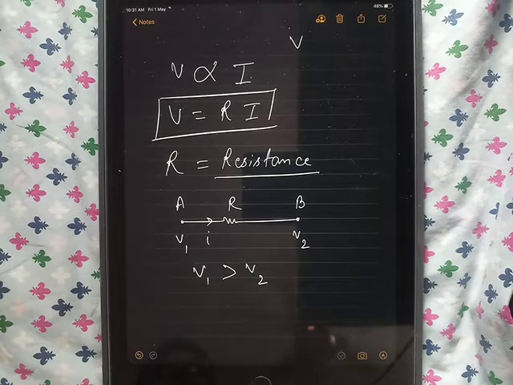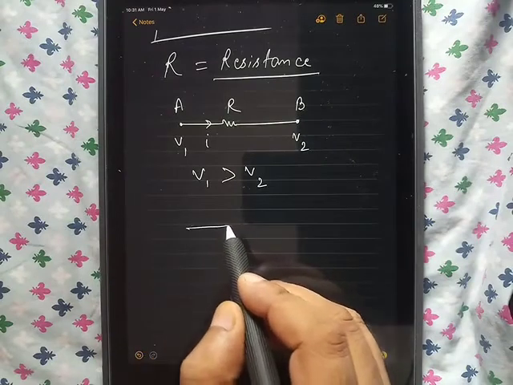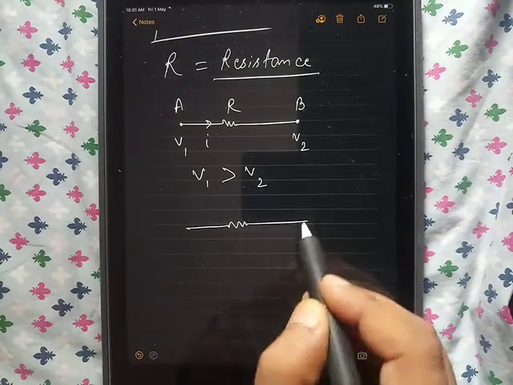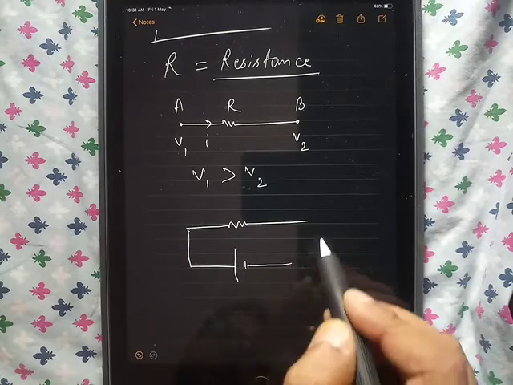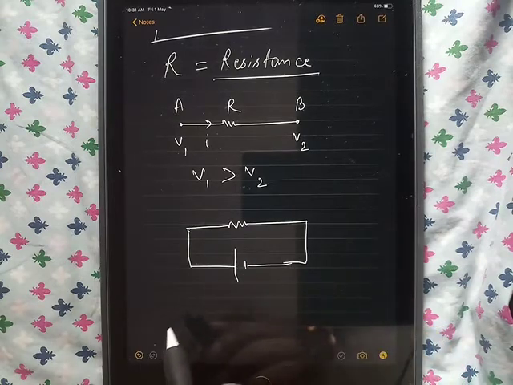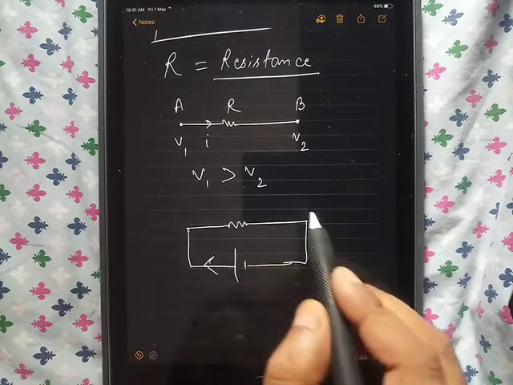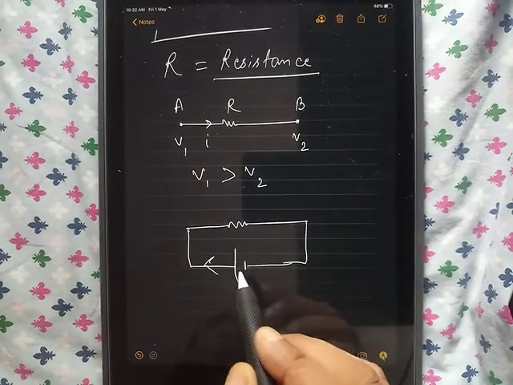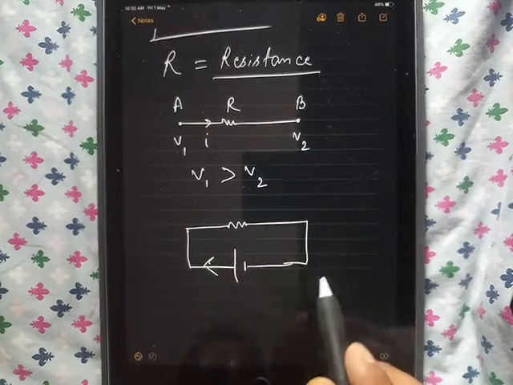But if we have to flow the current from low to high, we have to use a source which is called a battery. Suppose this is positive, negative. Outside the battery or outside the cell, current will flow from positive to negative.